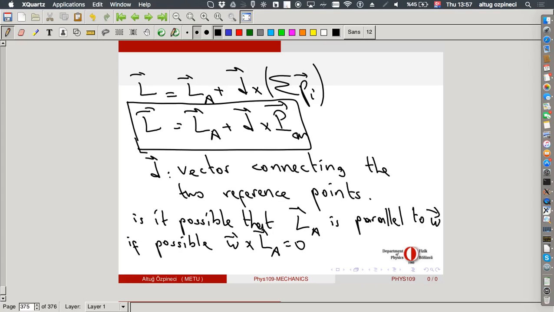Now let's just use this cross product. Take the cross product of this expression with respect to omega. Omega cross L should be equal to omega cross D cross P, center of mass.